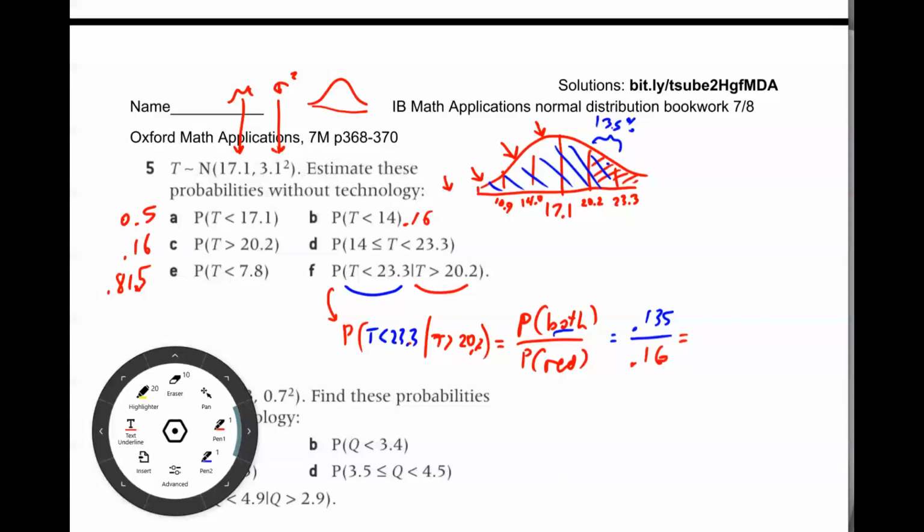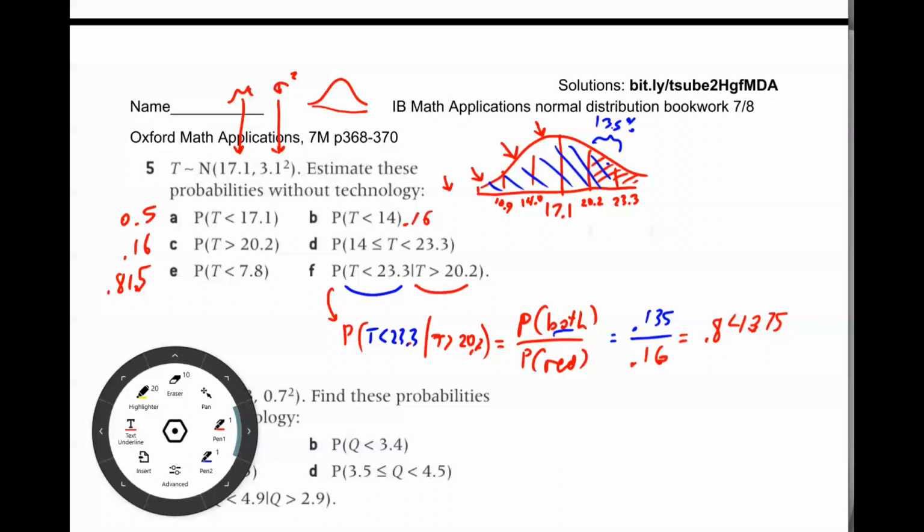So 0.135 divided by 0.16 is equal to 0.84375. Since that's an exact answer with 5 significant figures, no use in rounding it. So that is the probability that t is less than 23.3, given that t is greater than 20.2.